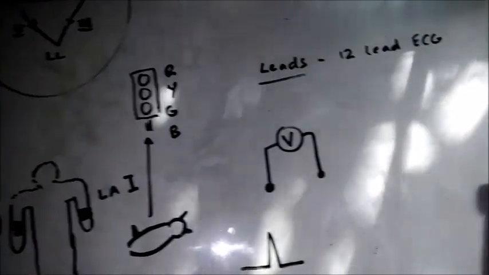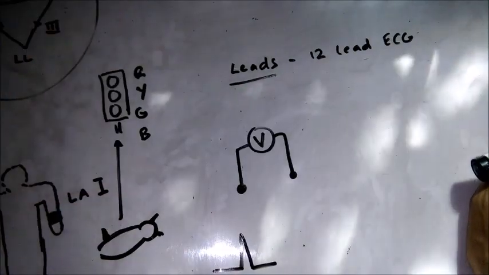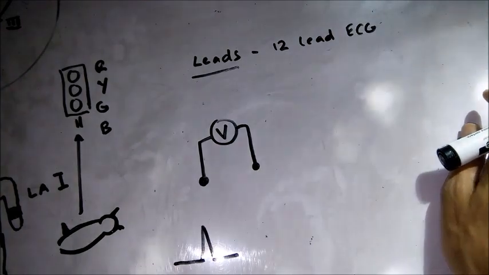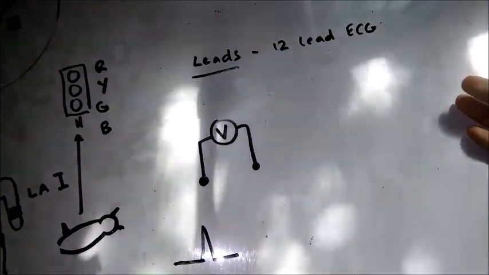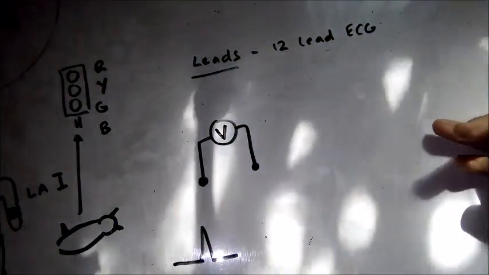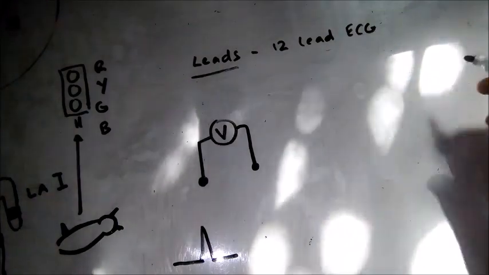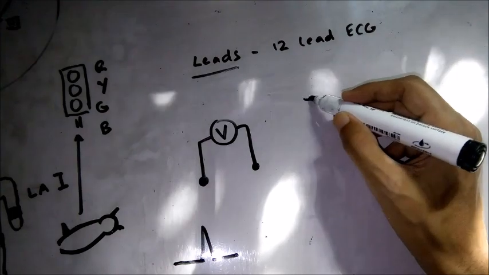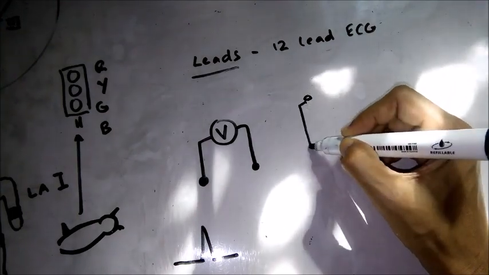Here it's also very important to understand the concept of voltage, because sometimes this can be confusing. In an ECG we are measuring the voltage, and if you see the readings, it's in millivolts. Voltage is basically a difference of potential.